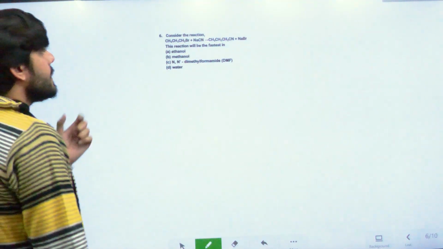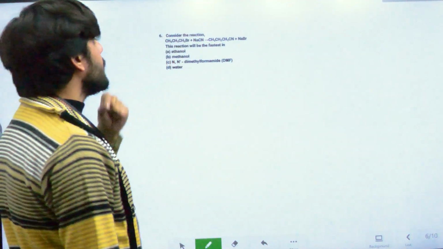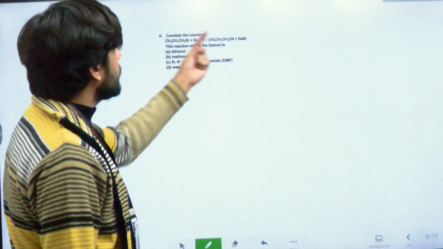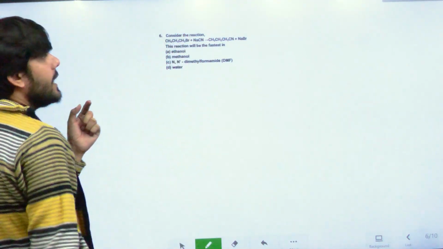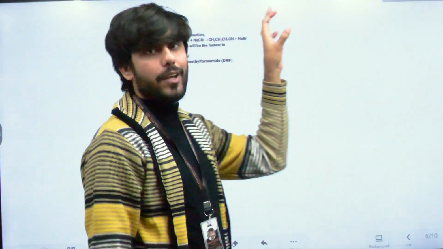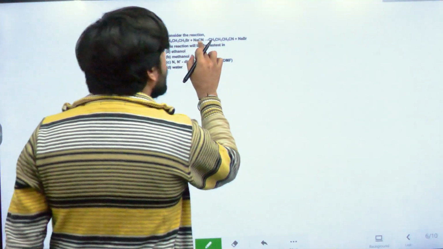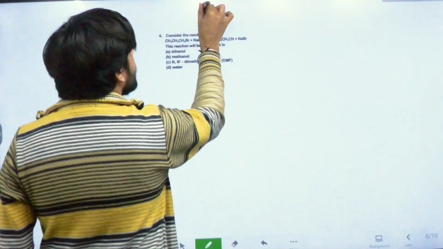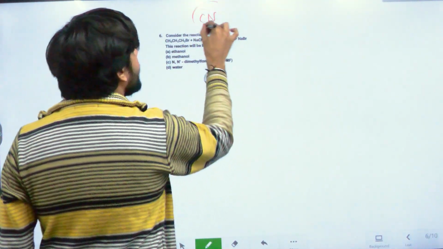Now the next question is, consider this reaction: CH3CH2CH2Br, basically I have propyl bromide in the presence of NaCN. So you are replacing Br with CN, and you know that this is a primary alkyl halide. CN minus is an ambident nucleophile.